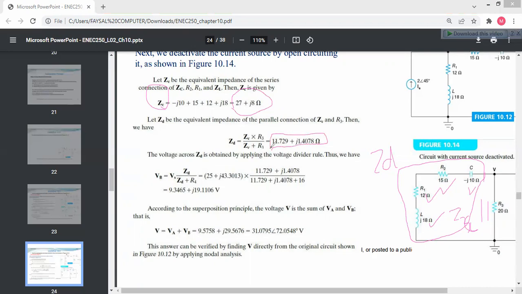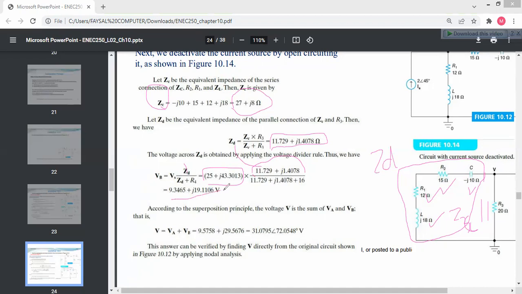Now I have to find the value of VB. VB equals V, my voltage source, which is 25.0 plus j43.3013, multiplied by ZD, which I found from the above equation, divided by ZD plus R4.